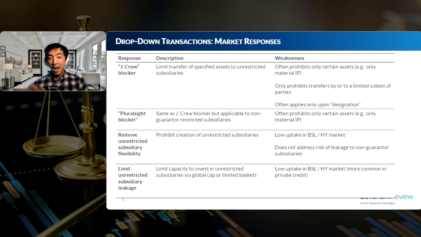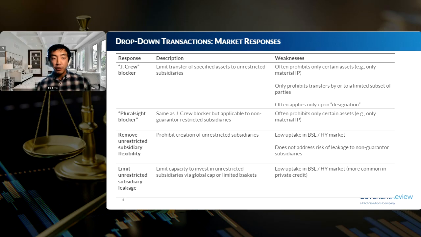Now, is IP always the most important asset? Absolutely not. And yet the market's response has been to say the J.Crew blocker is going to prohibit transfers of material IP, even if IP is not particularly important to the business at hand, which essentially guts the protection provided by the blocker in the first place. If you're blocking the company from transferring something they don't have, that doesn't do anything.